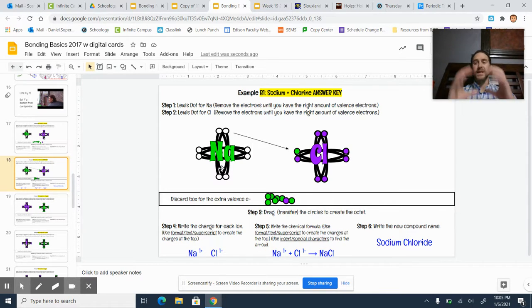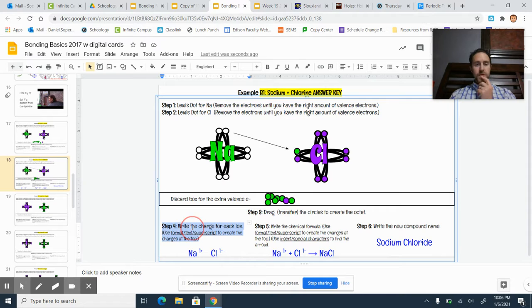It gets rid of that outer shell, and it's given chlorine a full outer shell, so that's happy. Now, this is what I talked about on the last one. Write the charge for each ion: we have Na 1 plus, and we have Cl 1 minus. Step 5, put those into an equation, and that goes to NaCl.